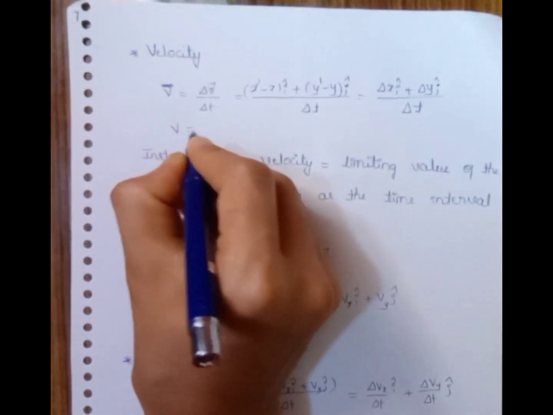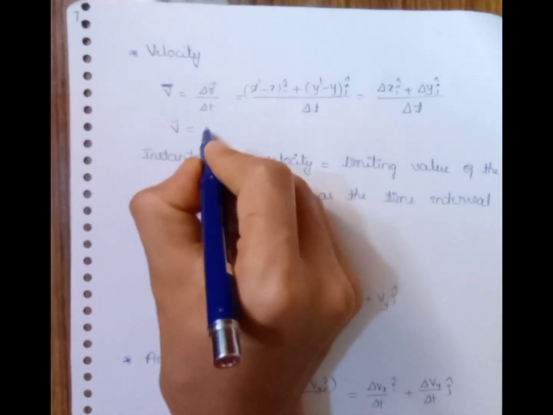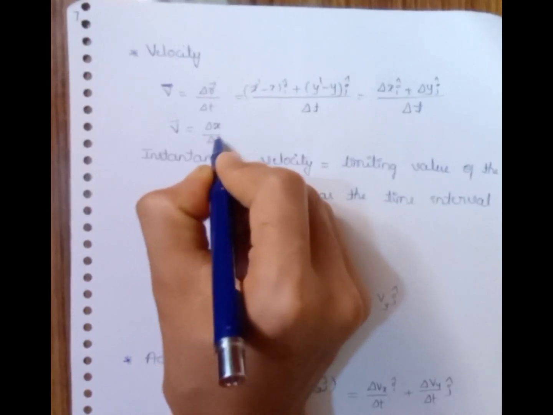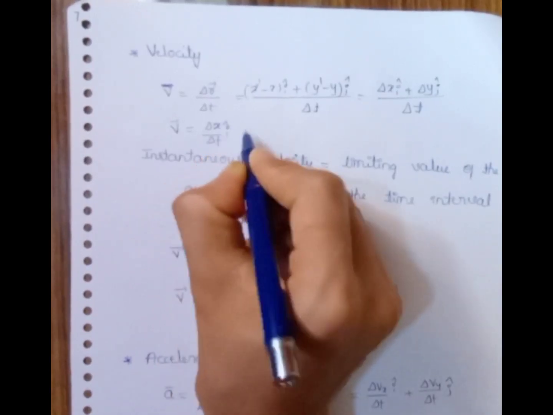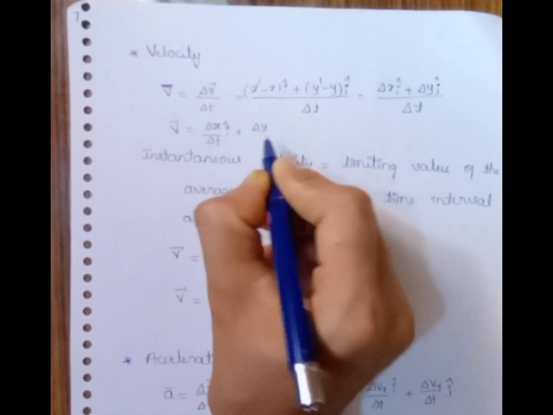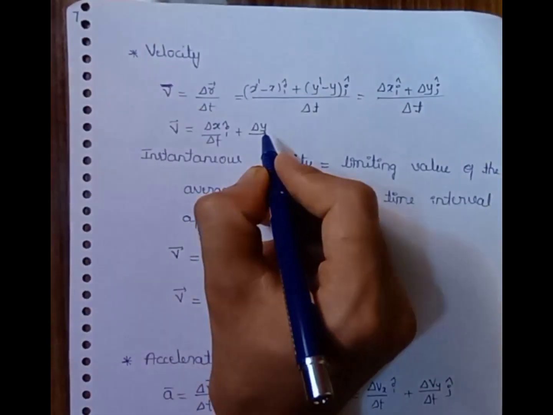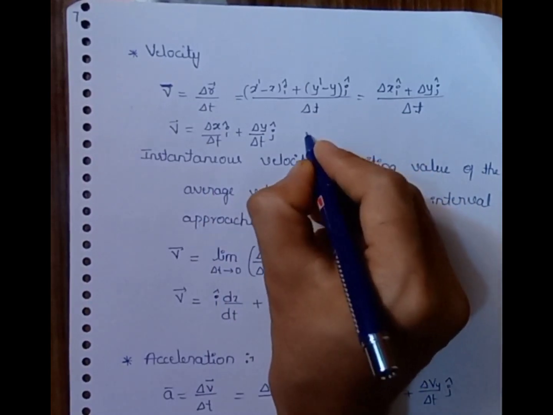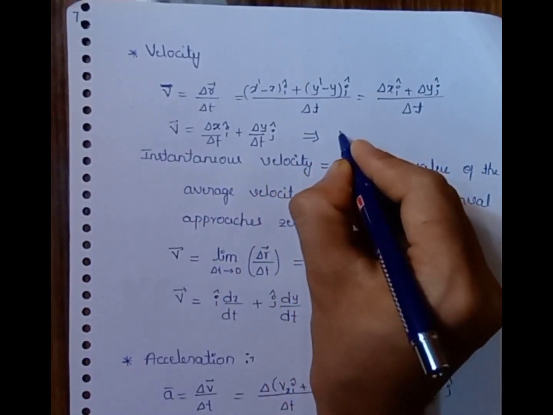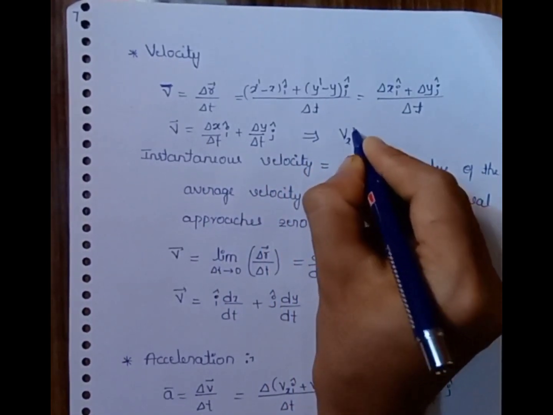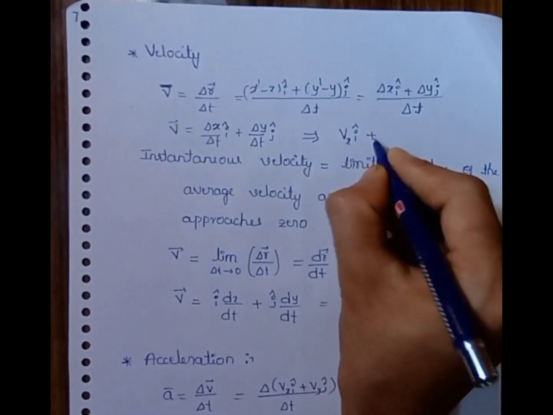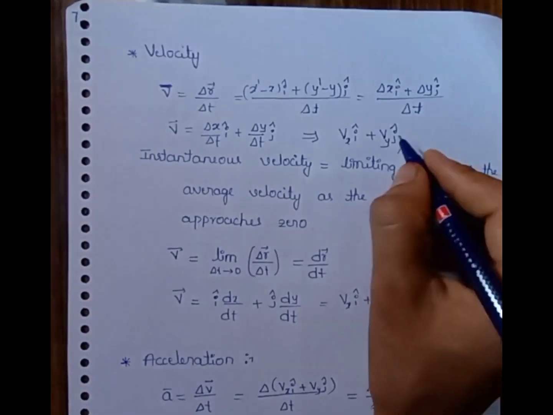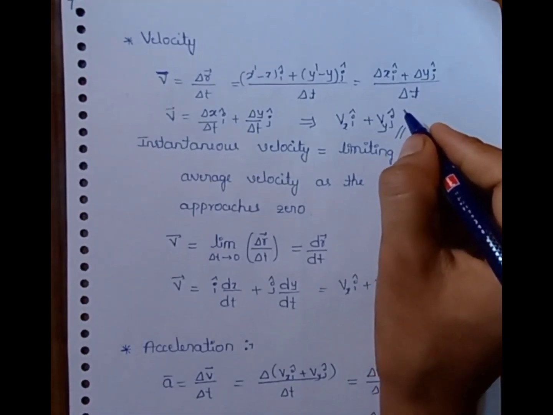Therefore, velocity v is equal to delta x by delta t i cap plus delta y by delta t j cap, which is equal to vx i cap plus vy j cap. This is the expression for velocity.